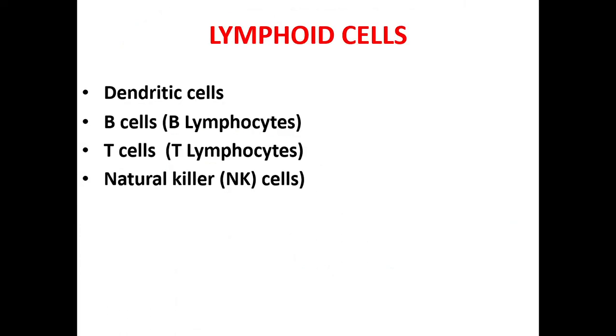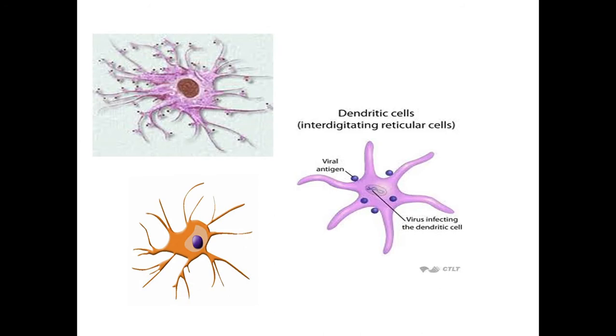So the lymphoid cells are the following: dendritic cells, B cells or B lymphocytes, T cells or T lymphocytes, and the natural killer or NK cells. We have here illustrations of the dendritic cells.